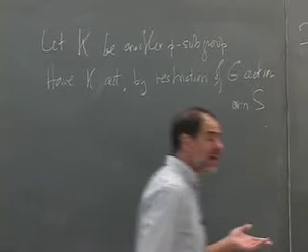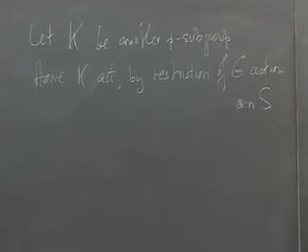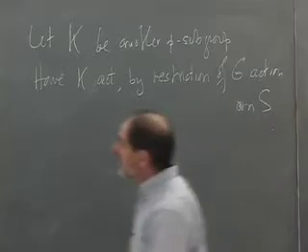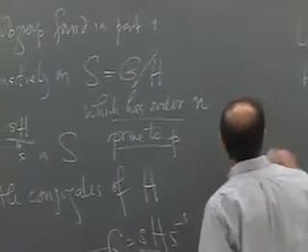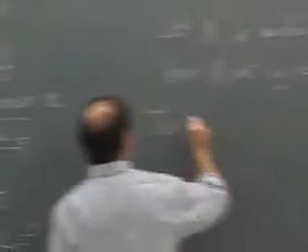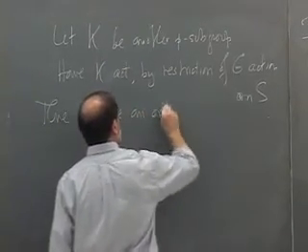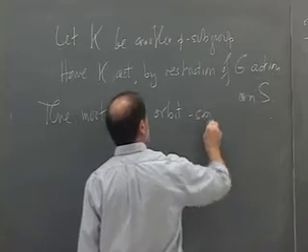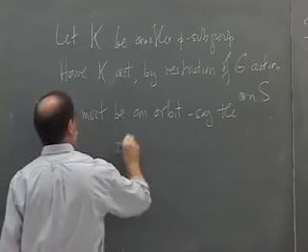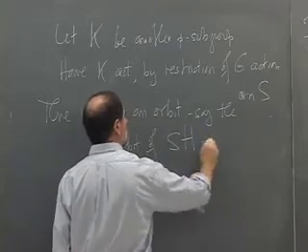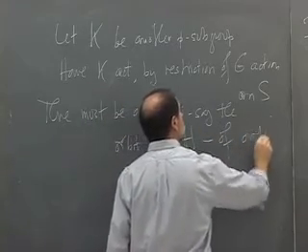Just restrict the G action to K. That makes sense. Okay? Again, since the order of the set is prime to p, there must be an orbit, say the orbit of SH, of order prime to p.